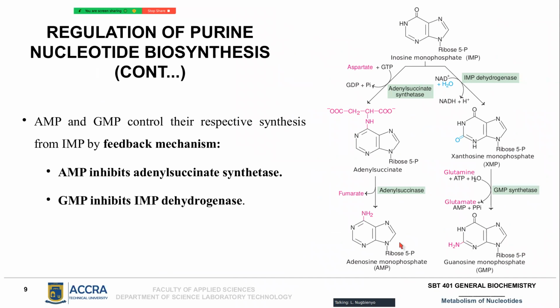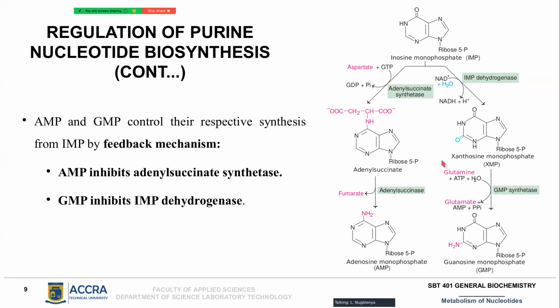And these final products, for instance, the adenosine monophosphate, will be acting as an inhibitor to this first enzyme, adenylosuccinate synthetase. And so once it goes to inhibit this, it's telling the enzyme, hey, we are enough in the system. We are enough. And so it goes to inhibit this enzyme so that the conversion of inosine monophosphate down the path to give you the adenosine monophosphate will be reduced. Similarly, guanosine monophosphate goes to inhibit this first enzyme, inosine monophosphate dehydrogenase.